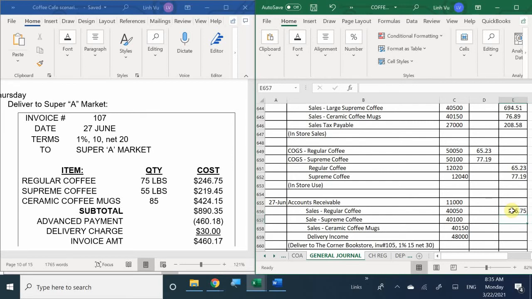What about Supreme Coffee? 219.45. And the coffee mugs? 424.15. Delivery fee, $30.